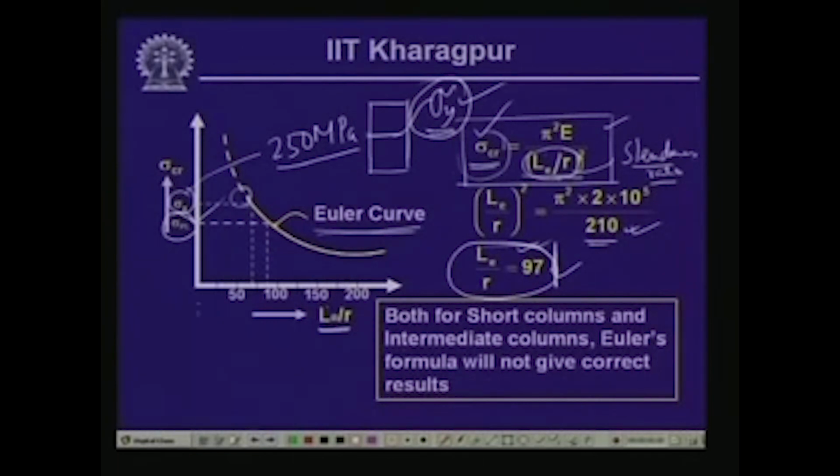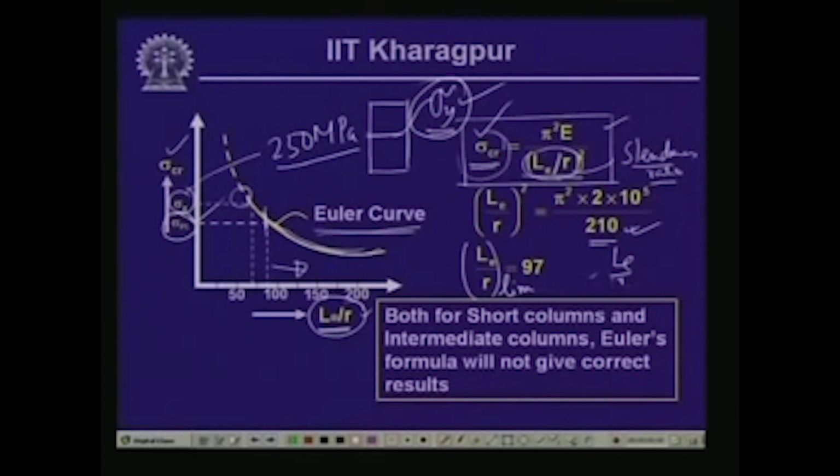In this particular curve, as you can see, sigma C r is plotted against the slenderness ratio L E by R. There is a limiting value of the slenderness, and this curve, the Euler's curve, is valid when L E by R is greater than this limiting value. Let us call the L E by R which we have computed for steel the limiting value.